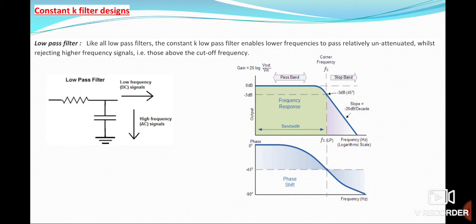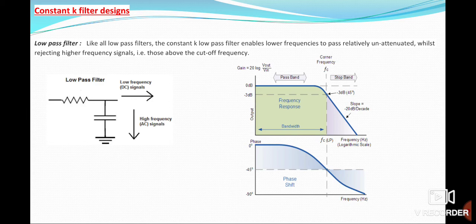Now when we look at the phase plot, we can see that the phase is on the y-axis and the x-axis is represented by the frequency. On the y-axis, we can see that the phase is starting from 0 degrees and slowly it is moving towards the negative part of the frequency shift.